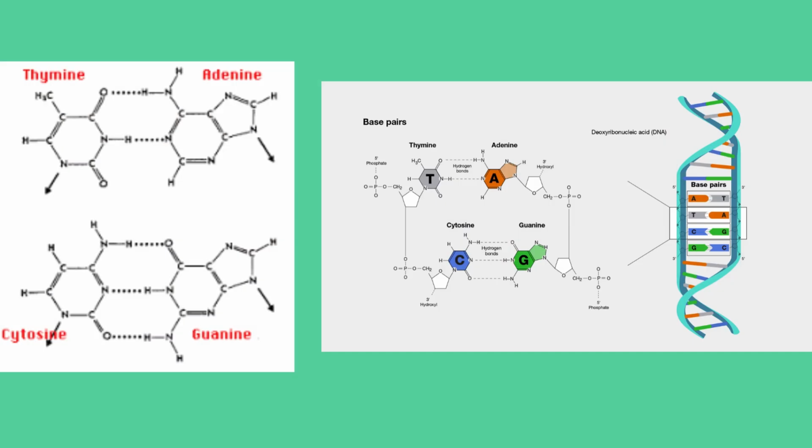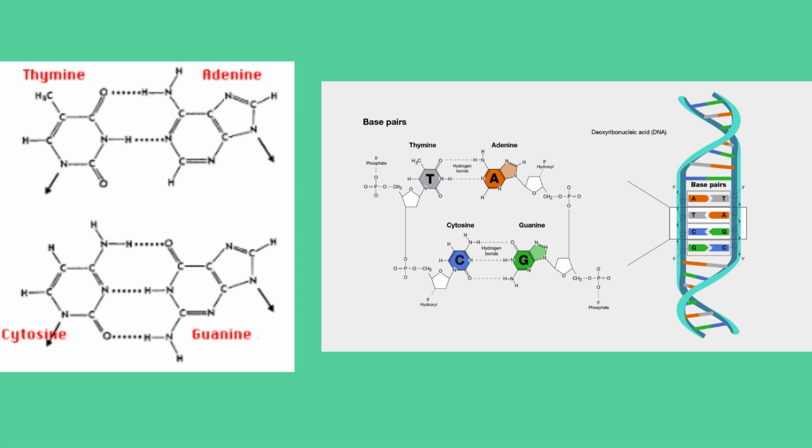We need to remember that the sugar forming the DNA structure is deoxyribose, whereas for RNA, the sugar is ribose. The nitrogenous bases in DNA pair up through hydrogen bonds, making complementary base pairing, in which adenine will always be paired with thymine and guanine will always be paired with cytosine.